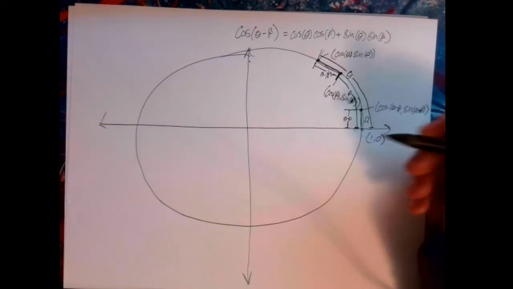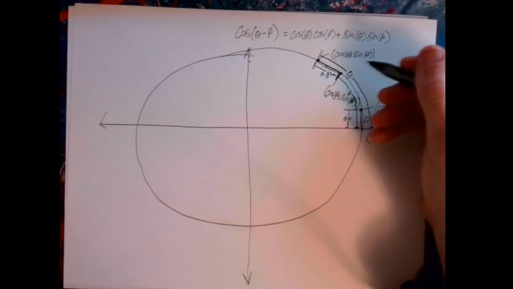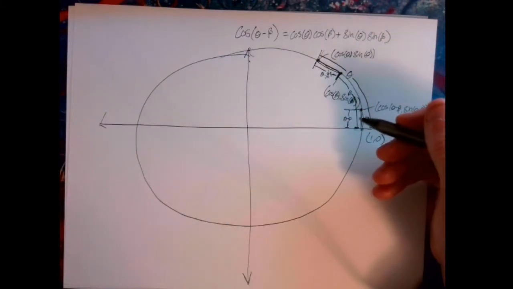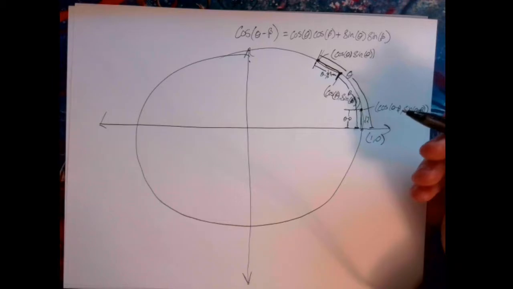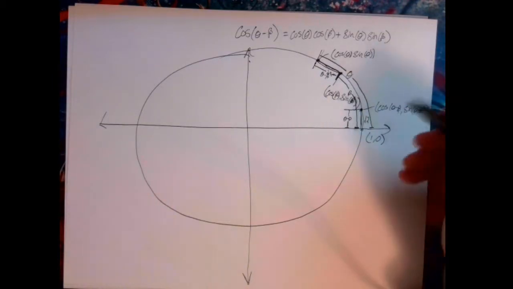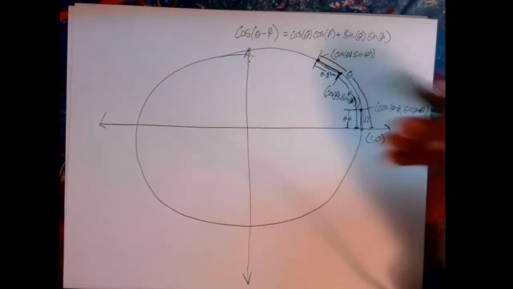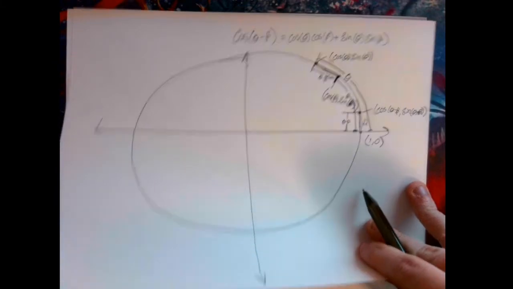So what we want to prove is that d1, again, the distance between (cosine of theta, sine of theta) and (cosine of beta, sine of beta), is equal to d2, the distance from (cosine of theta minus beta, sine of theta minus beta) to (1, 0). And this will give us the difference identity for cosine. So we'll take this on another paper.